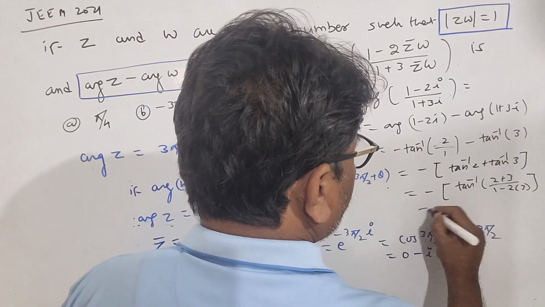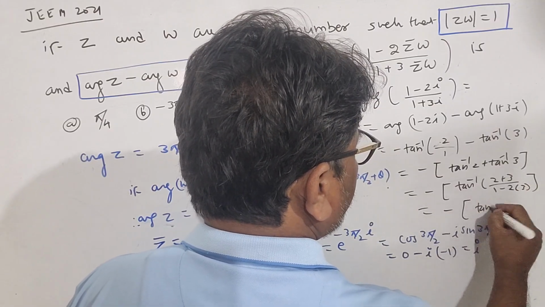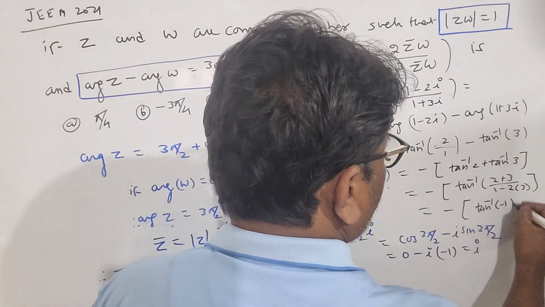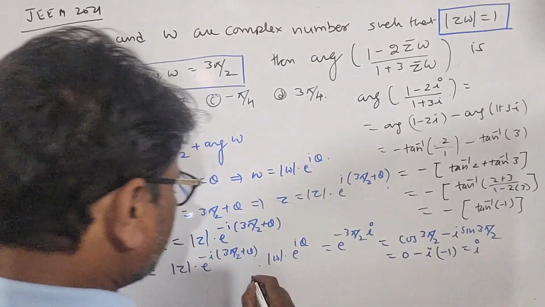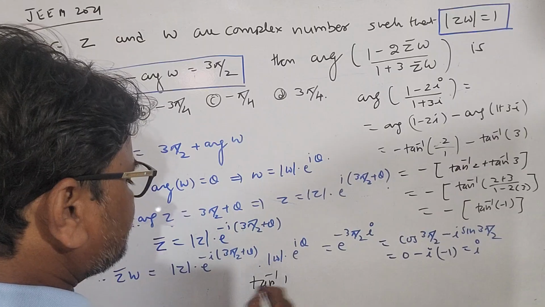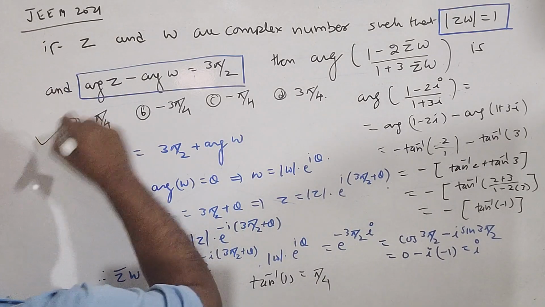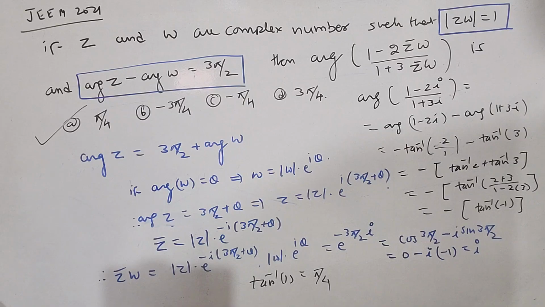So this is minus tan inverse of 5 by minus 5, that is simply tan inverse of 1. Tan inverse of 1 is pi by 4. The argument is pi by 4.